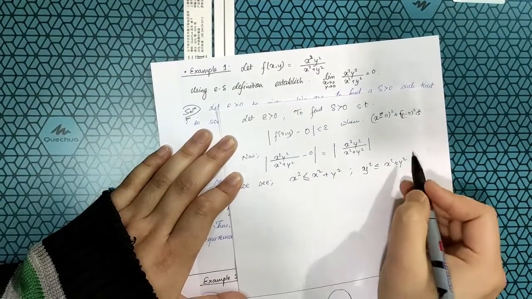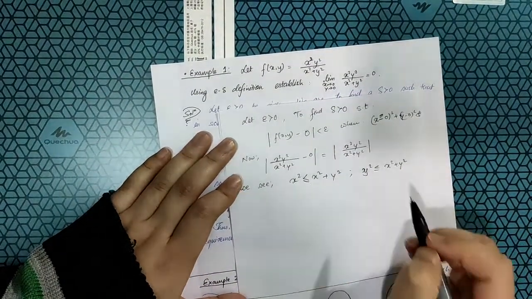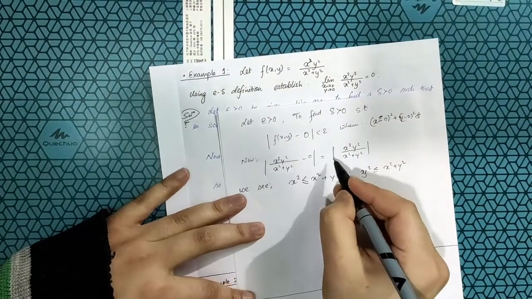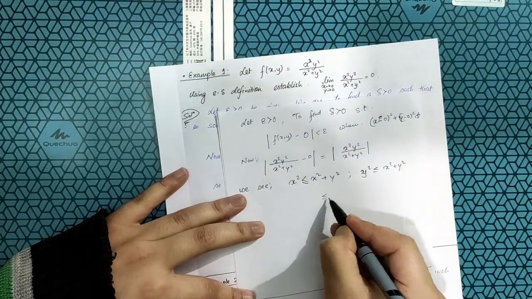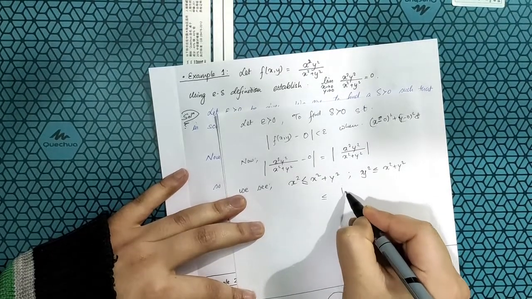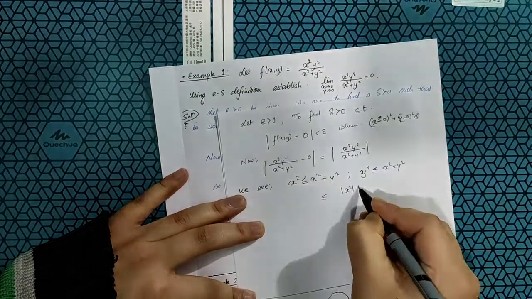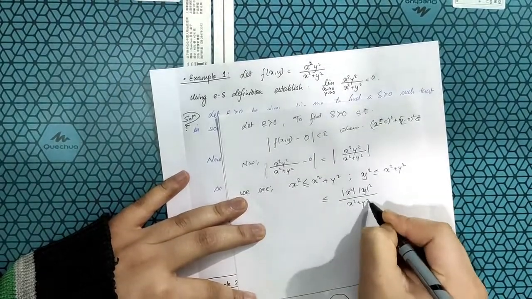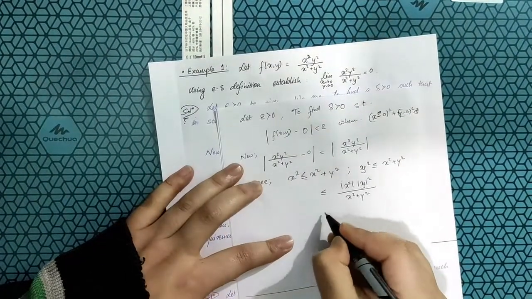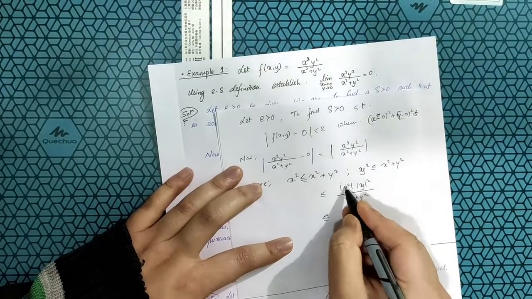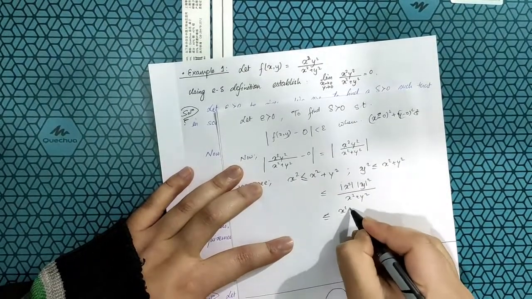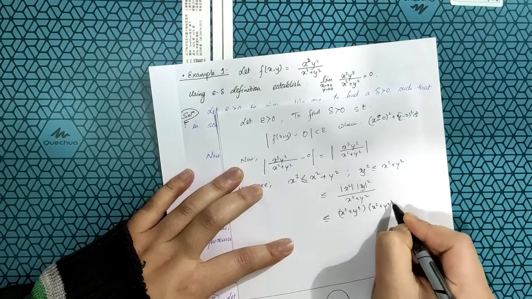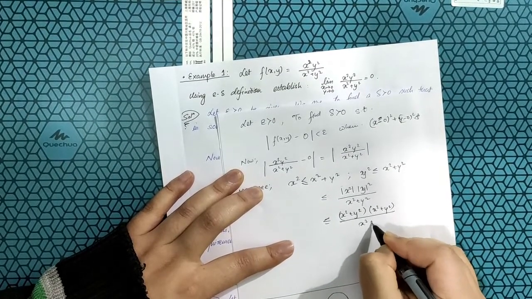Same argument, because all these are positive real numbers. So this is less than or equal to modulus x square modulus y square divided by x square plus y square, since x square plus y square is a positive quantity, and this is less than or equal to (x square plus y square) into (x square plus y square), divided by x square plus y square.